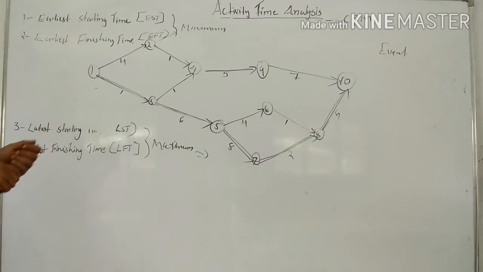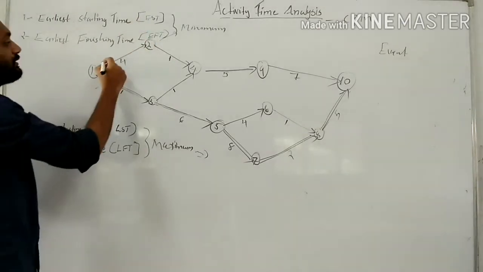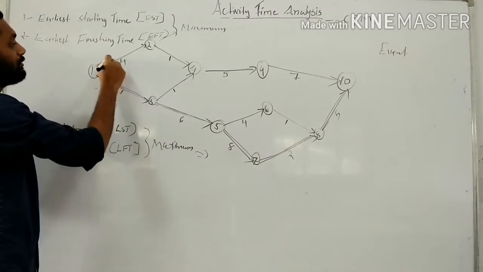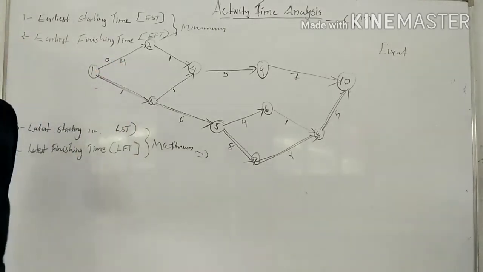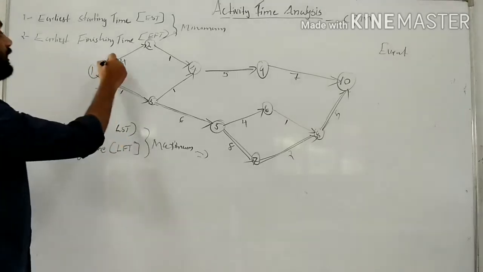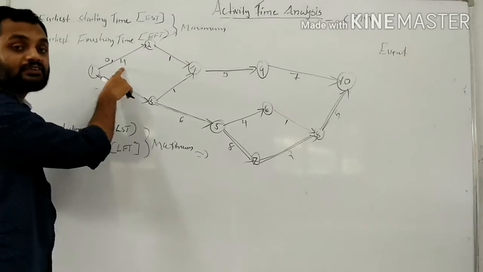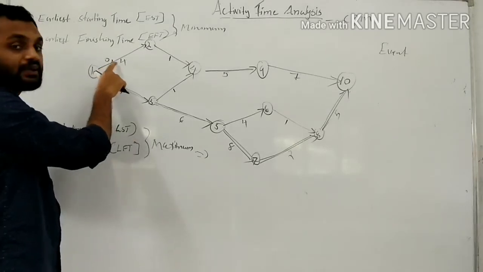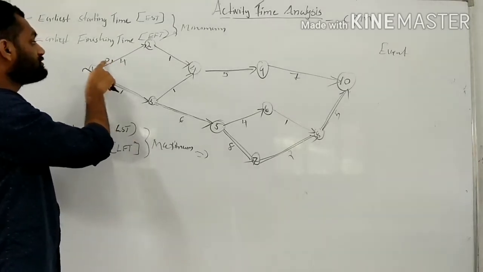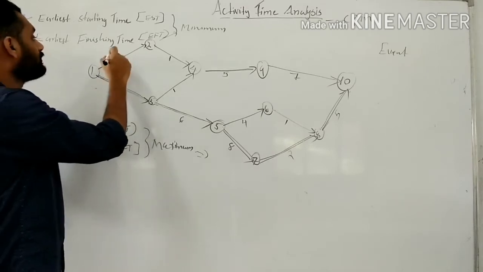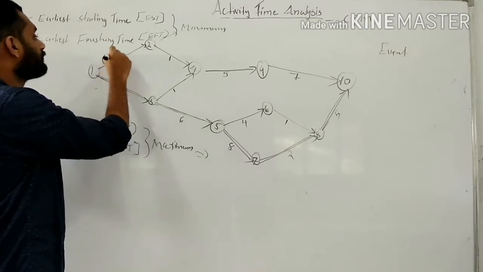See, for the first activity, EST should be 0. EFT of the first activity should be EST plus activity duration, that is 0 plus 4 is equal to 4.